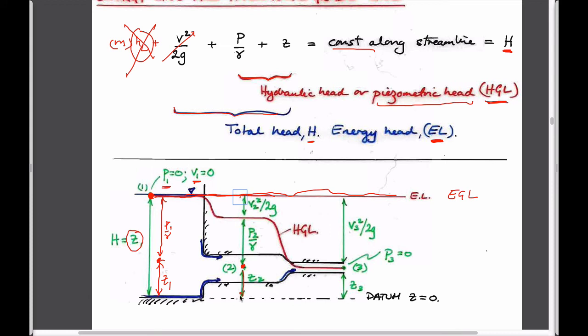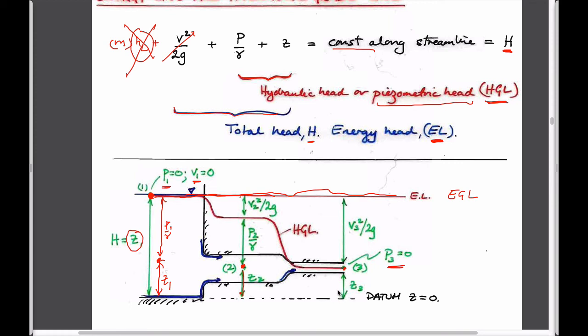The elevation, of course, would be the height to this point, and the remainder would be the pressure at this point. If you knew the velocity that was coming out of here, then you could figure out what the remaining unknown quantity was. Likewise, at this point, when it issues out at atmospheric pressure, the pressure is 0, so all of this has to be velocity, and the elevation is the other component.